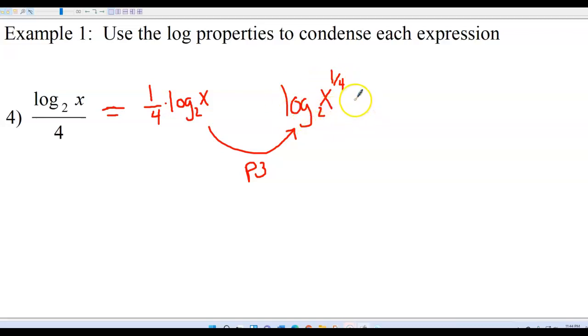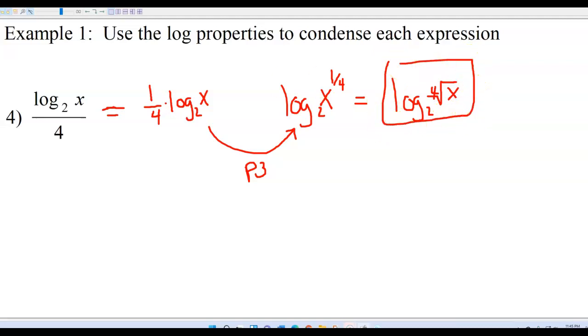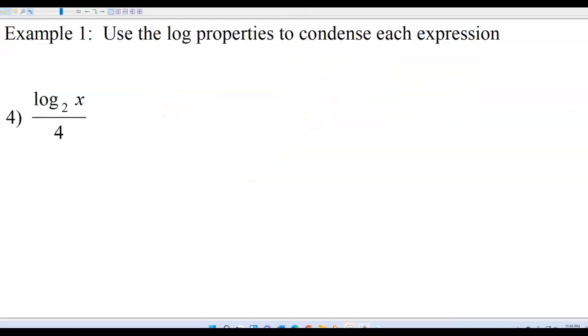Now, we could stop here, but we could also write it like this, can't we? Because a 1/4 power is a 4th root. Okay, so I'm going to write it this way for this time around, but it's good to know you could write it this way also technically. Let's go ahead and move on to another problem.